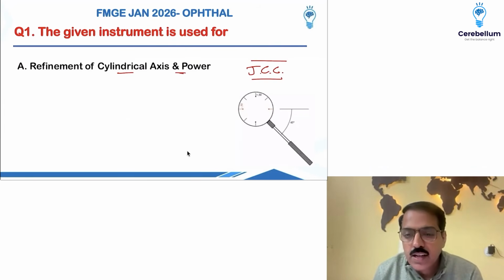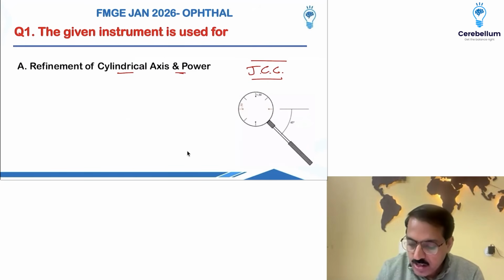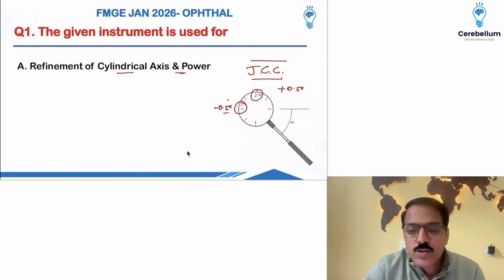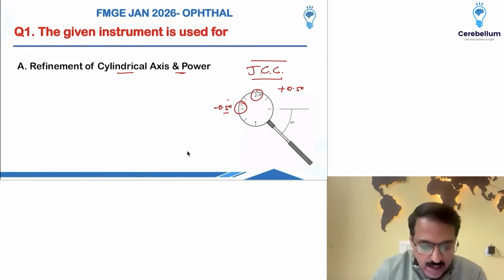It is made of two cylindrical powers, plus and minus: plus 0.5 in one axis and minus 0.5 in the other axis, and there is a handle at right angles to this. Yes, this was there in one of the mocks. So Jackson's cross cylinder.